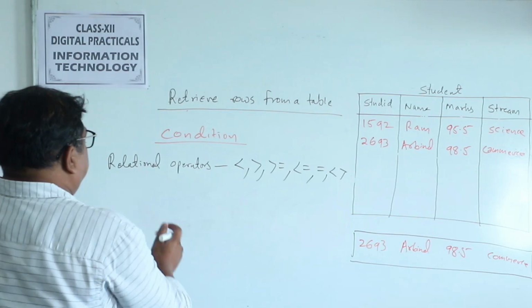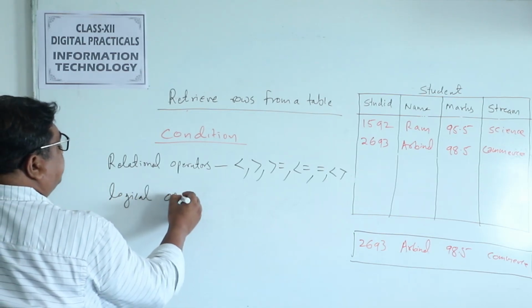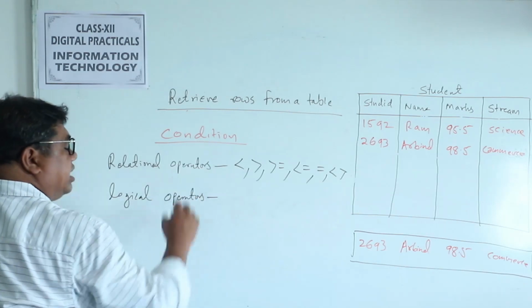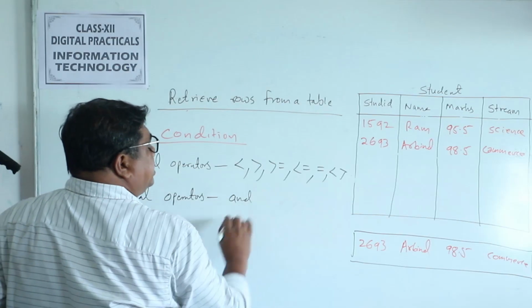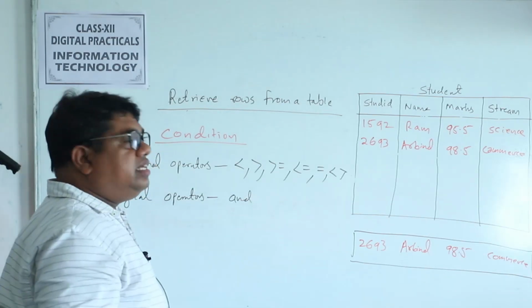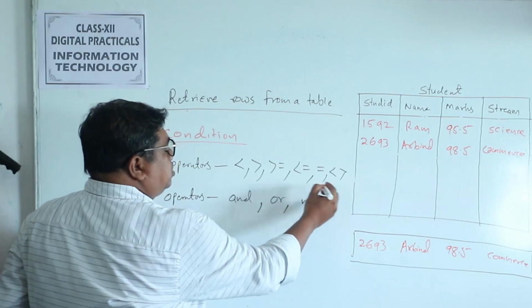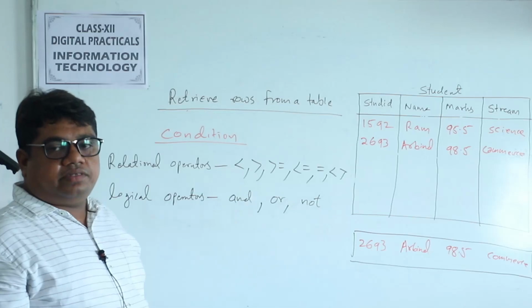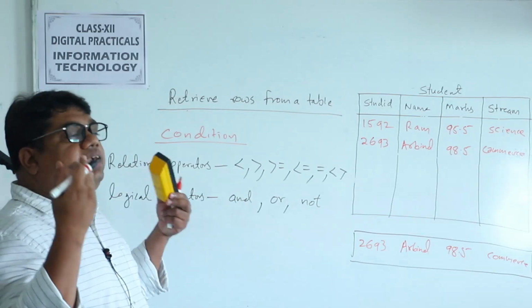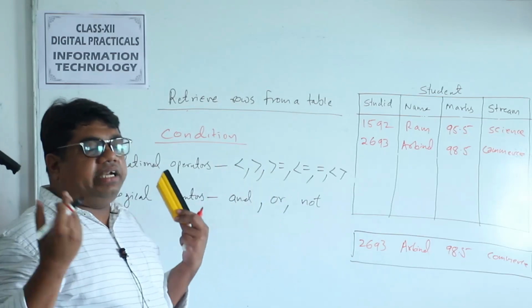Then we have logical operators. In Java also we have these logical operators. Here also we have AND, OR, and NOT, the same as in Java. They are used to connect conditions. Suppose I want to write multiple conditions while retrieving data from a table.